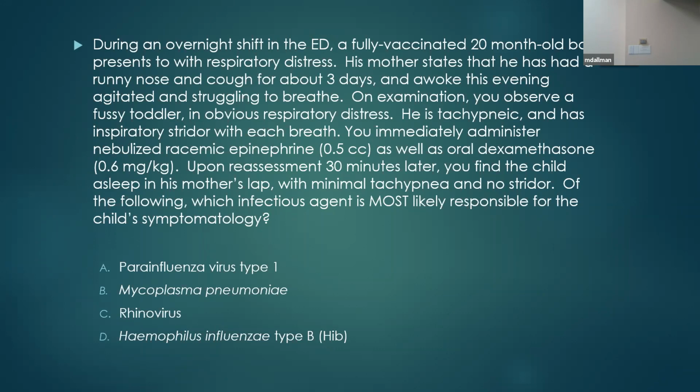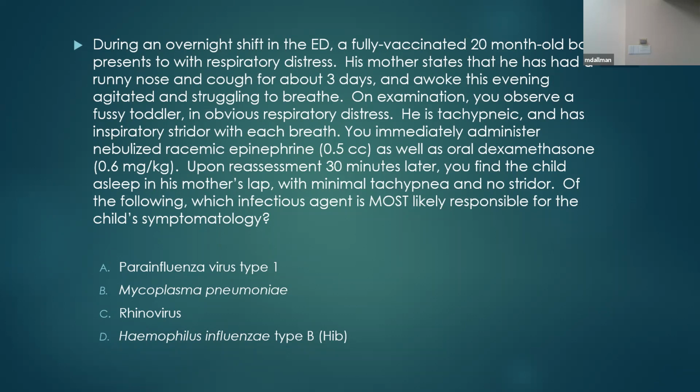During an overnight shift in the ED, a fully vaccinated 20-month-old boy presents with respiratory distress. Mother states that he has had a runny nose and cough for about 3 days. He is agitated and struggling. On examination, you observe a fussy toddler in obvious respiratory distress. He is tachypneic and has inspiratory stridor on each breath. You immediately advise nebulized epinephrine 0.5 cc as well as oral dexamethasone 0.6 mg/kg.